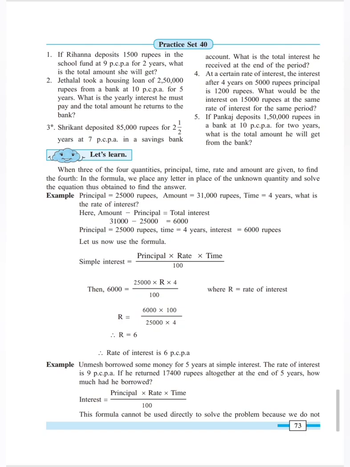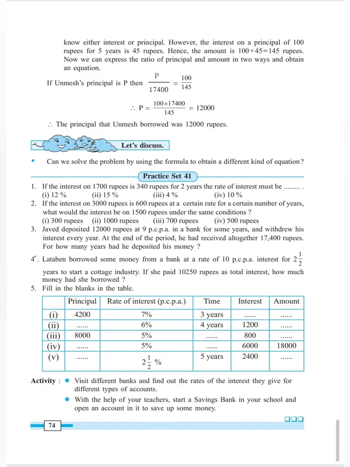This is simply comparison side. Okay. So 145 becomes the amount for simple consideration. With this value of 145 rupees on 100 rupees, we can find out the value of P for the amount 17,400.